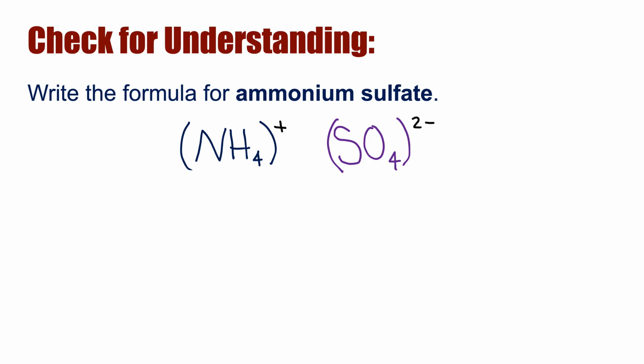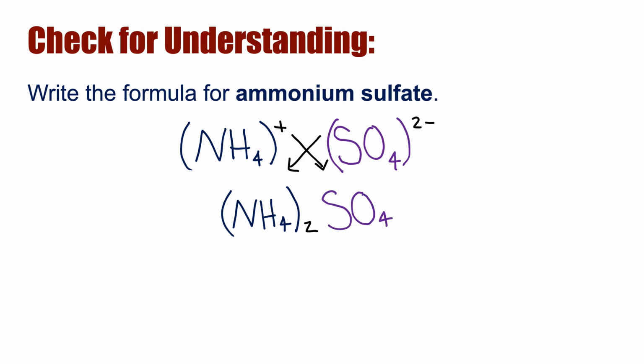I'm now going to go through and do my crisscrossing. That 2 tells me that I need 2 ammoniums in that formula unit, so I'm going to keep the parentheses around ammonium, and I'm going to put a 2 outside of it like that. That 1 tells me I only need 1 sulfate, so I'm going to do SO4, and I drop the parentheses.